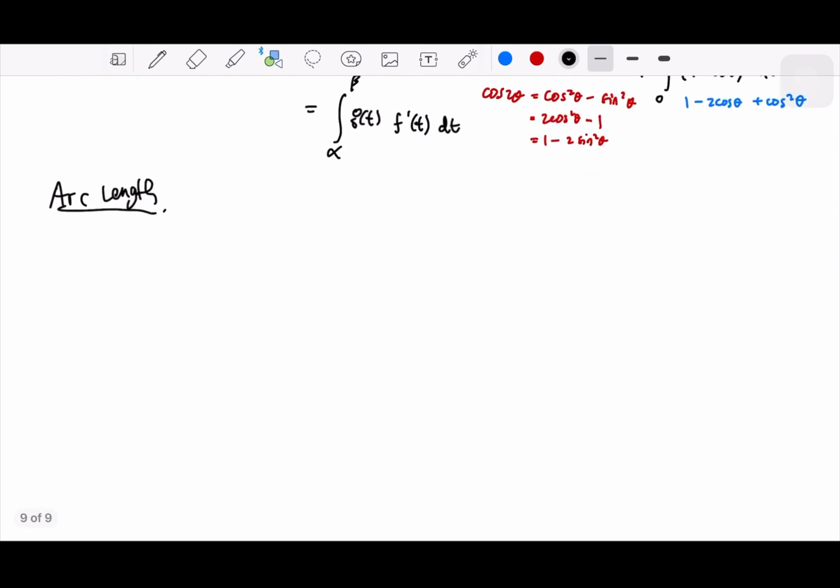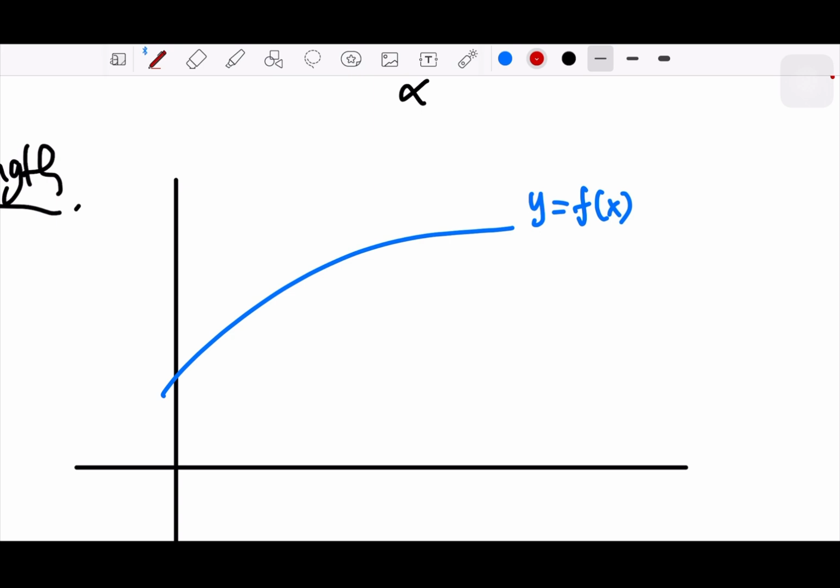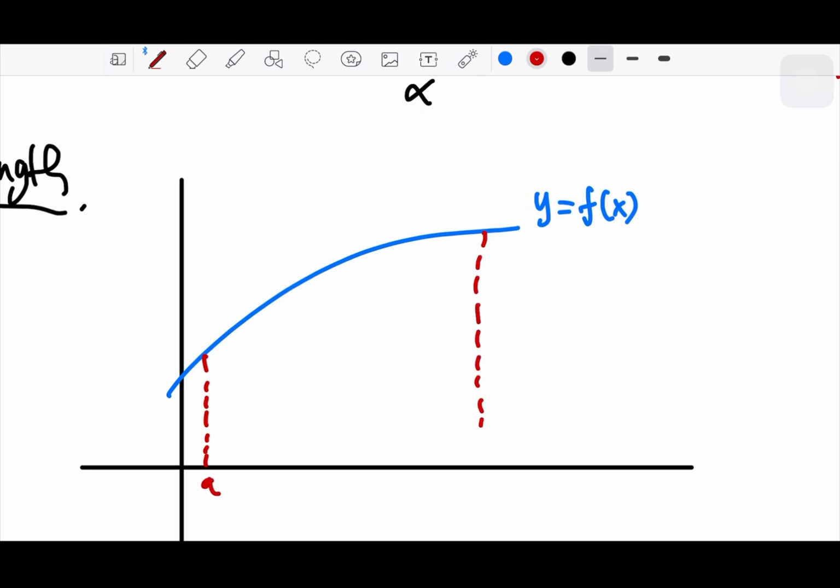The arc length. If you don't remember what arc length means, let me just draw a random graph. Let's say this is y equal a function of x. What arc length means is we have to measure how long this function is from, let's say, this point here to here, or maybe from A to B. How to evaluate this length?